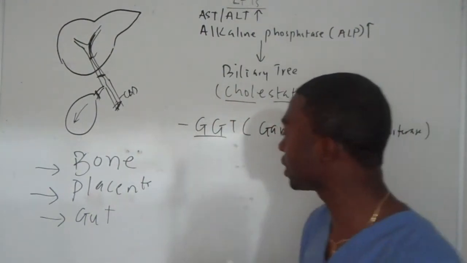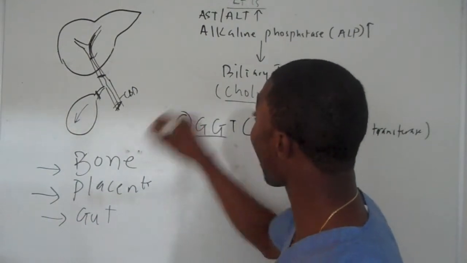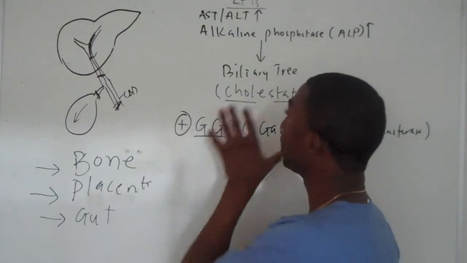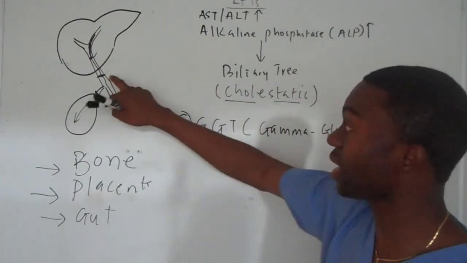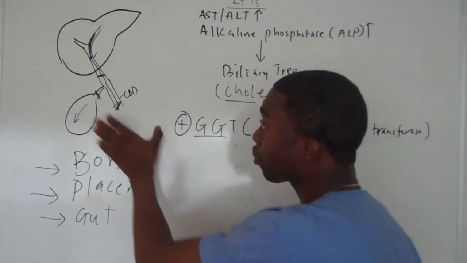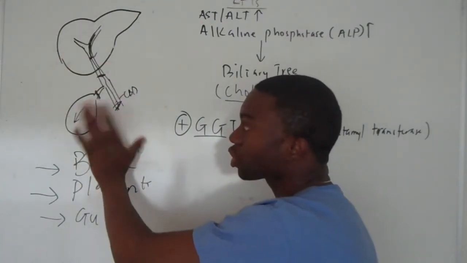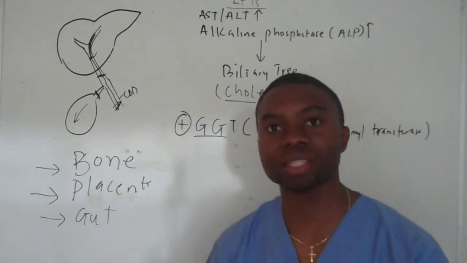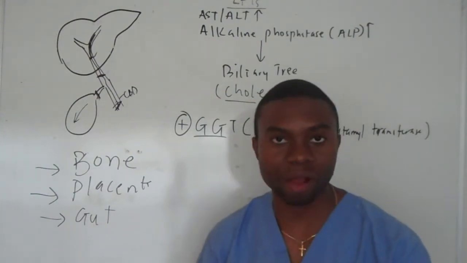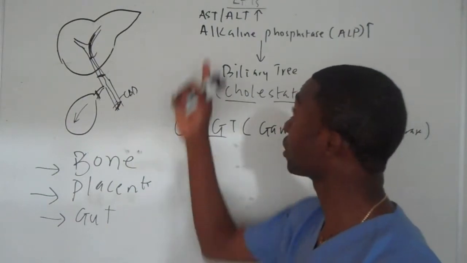If you order a GGT test and it comes back positive, you won the jackpot. That's basically telling you this ALK-Phos is coming from the biliary tree. So now you know it's something wrong along the line inside the liver, some kind of hepatocellular mechanism or cholestatic mechanism that's triggering an elevated ALK-Phos and elevated liver function tests.